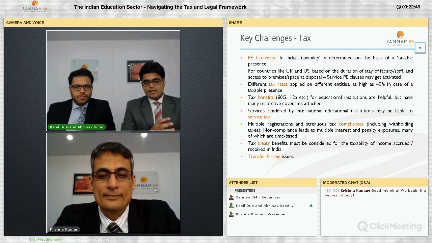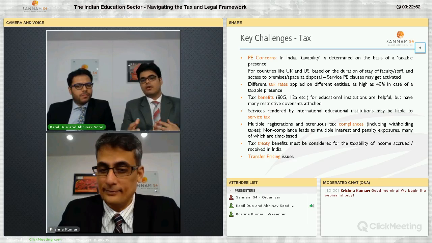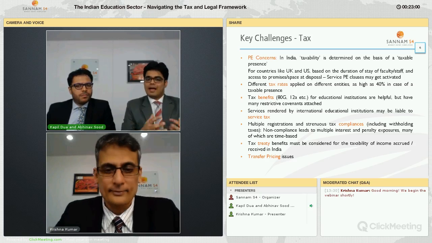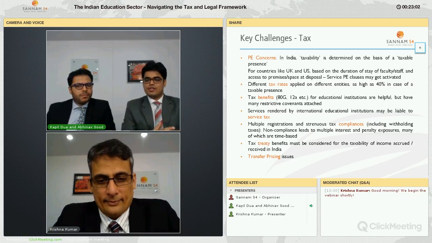Tax treaties, I did touch upon this in the PE concept, but traditionally payments like royalty or fees for technical services or know-how, or brand or IP sharing agreements traditionally have some sort of withholding tax implications under the tax treaty, whether it's with the US or the UK or Australia, depending on where your home university is located.